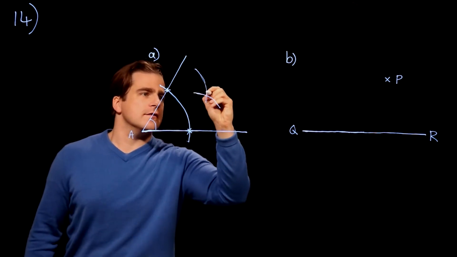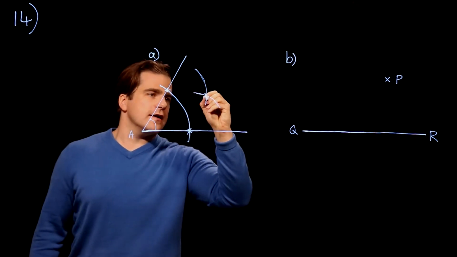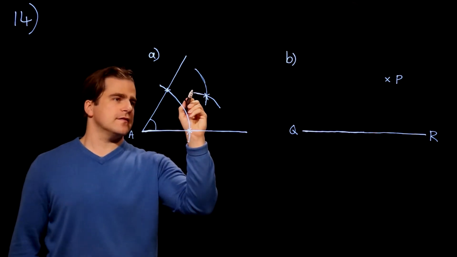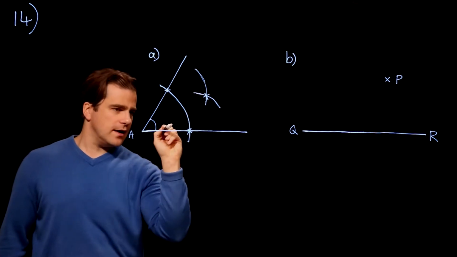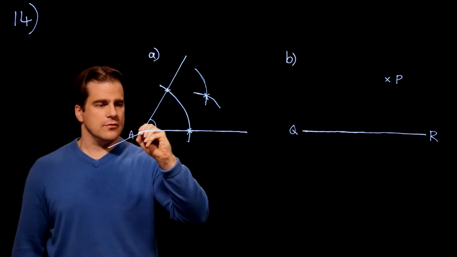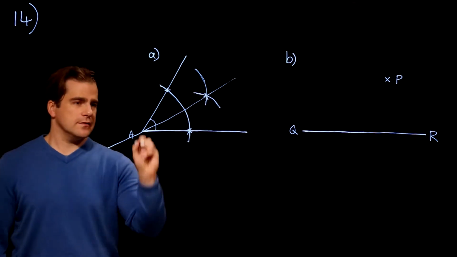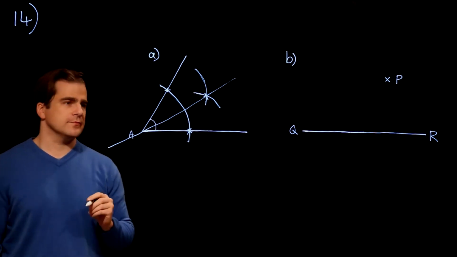There and there. And that point that you've created is the same distance from both there because of this arc and there because of that arc. So if you draw a line through point A and through that point, it will bisect this angle here.